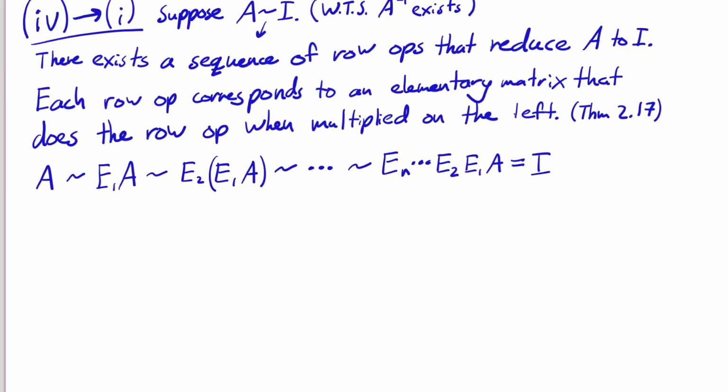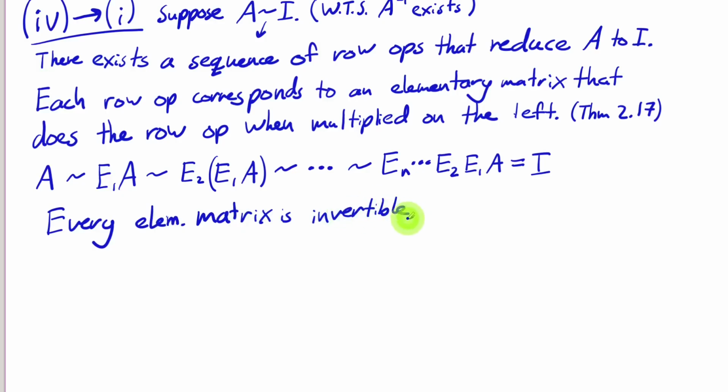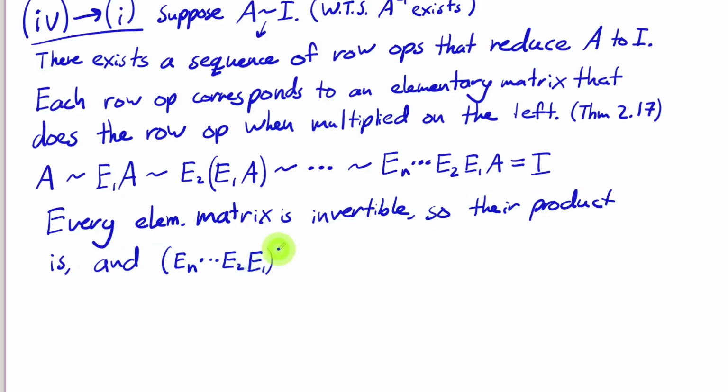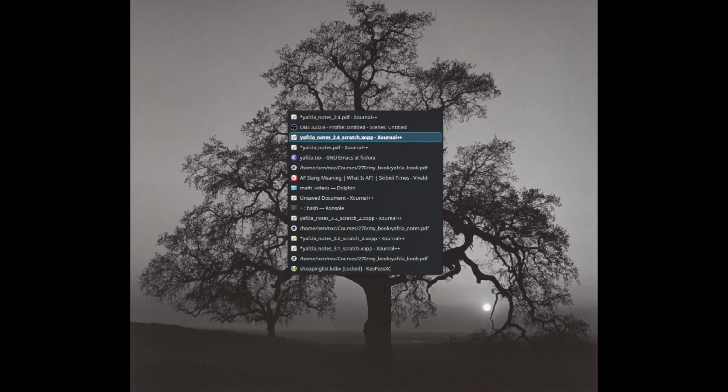We talked about why that is before. And if each elementary matrix is invertible, the product of invertible matrices, which is this whole thing, is invertible as well. And that's from a theorem also in 2.3 here.